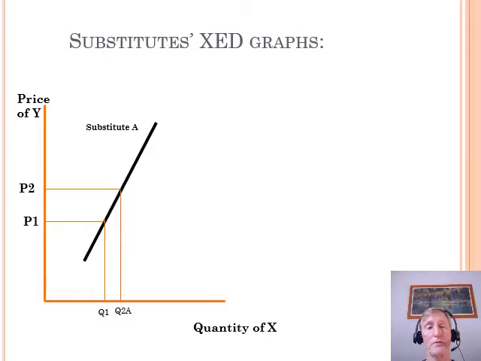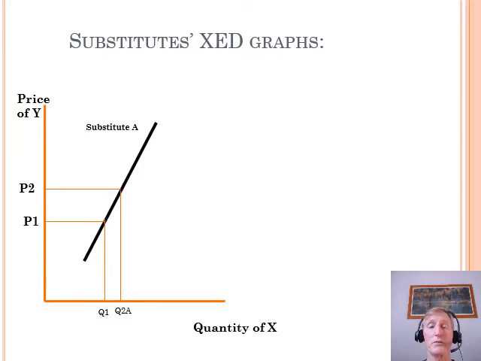In this case, we see the quantity of the substitute, quantity of X, substitute A, is increasing. So that makes sense because consumers will buy less of quantity Y, that's why the quantity goes down, and substitute for quantity of substitute X, so that quantity will increase.